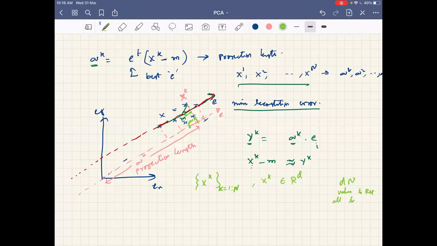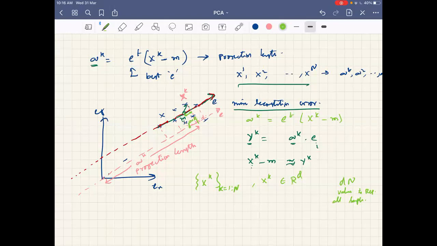Now assume that I have changed the representation. How did I change it? I have given the projected sample yk as ak into E. We will see this coming from the derivation as well, but let me write it first.